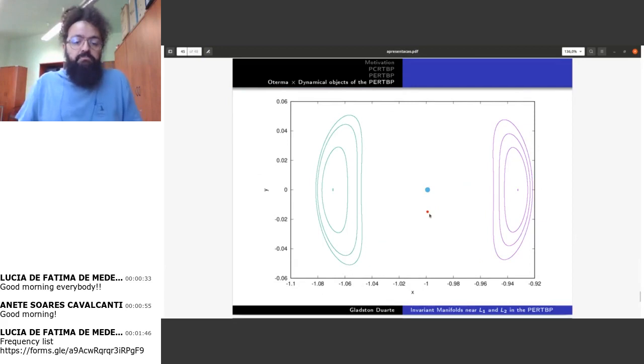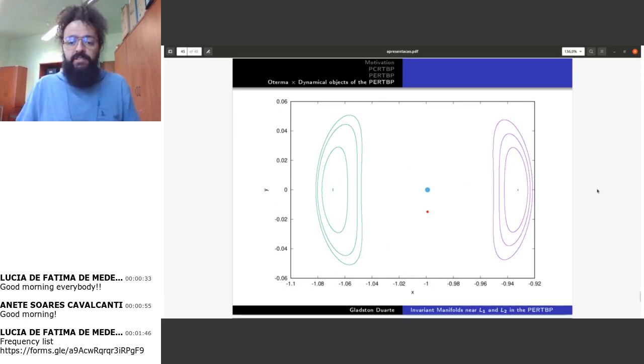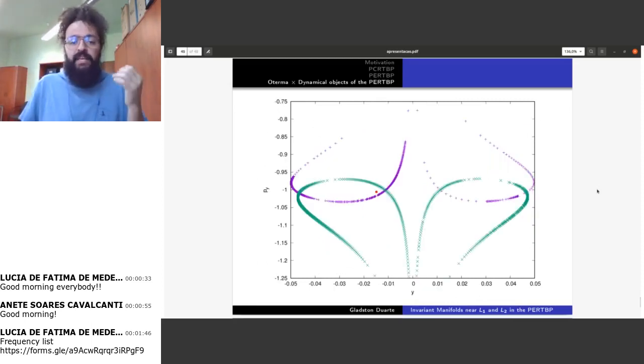And now, maybe we can see some stuff, because we can define this time section. We can define these tori in this time section. It's just a matter of taking one of the representations that we have and integrating until we reach this time section, and see if we can compute everything, visualize everything here.